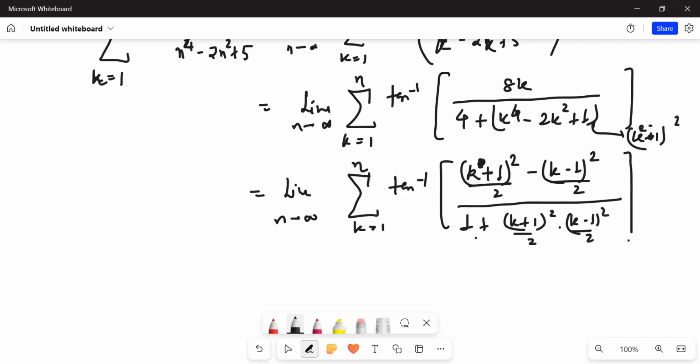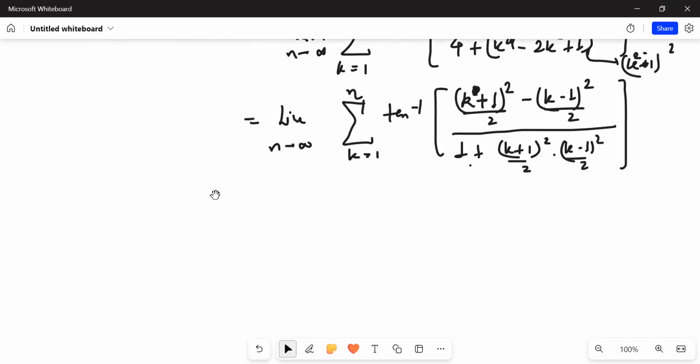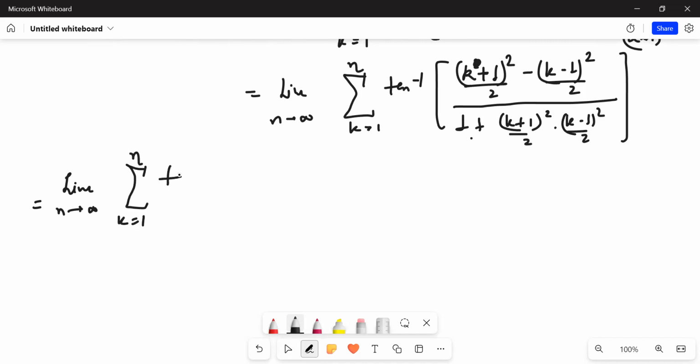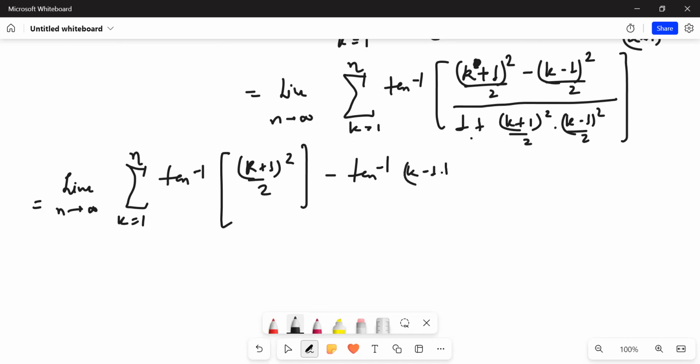So overall, the sum I'm interested in would be equivalent to the limit as n tends to infinity of the summation from k equals 1 to n of tan inverse of (k plus 1) whole square by 2 minus tan inverse of (k minus 1) whole square by 2.